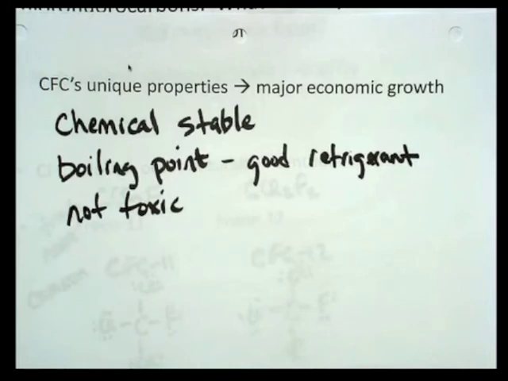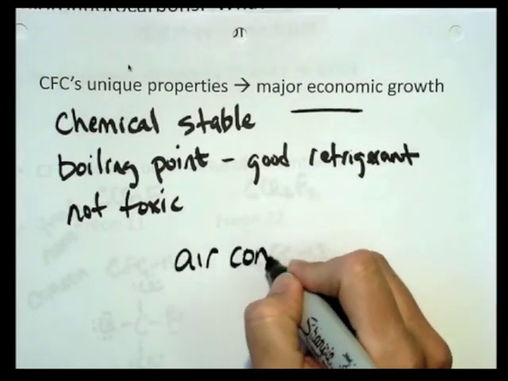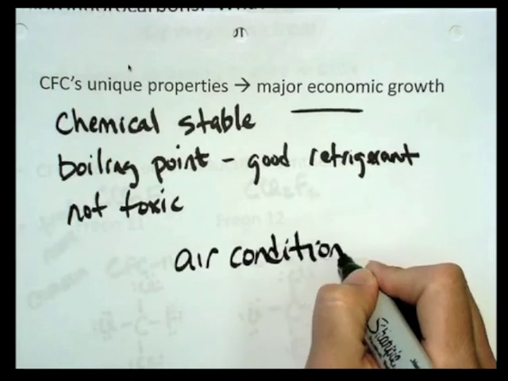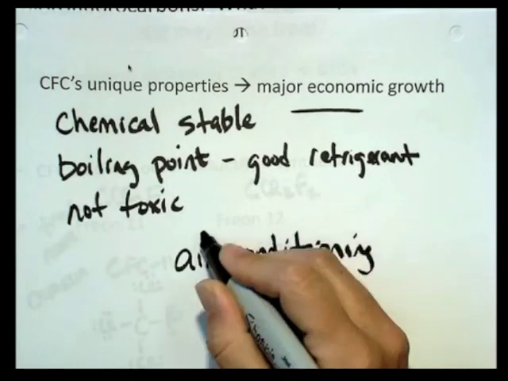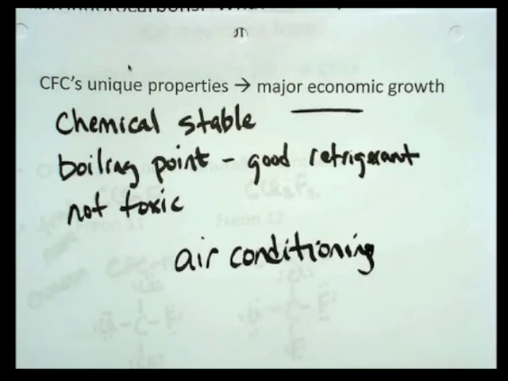What happened as a result was major economic growth: air conditioning became readily available and very cheap. Because of that, the economy in the South grew. First, cities like Atlanta and Birmingham, Alabama, and some other cities in North Carolina began to increase their economic capacity because people could actually work in factories there.